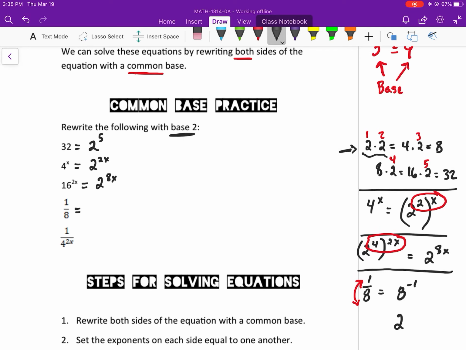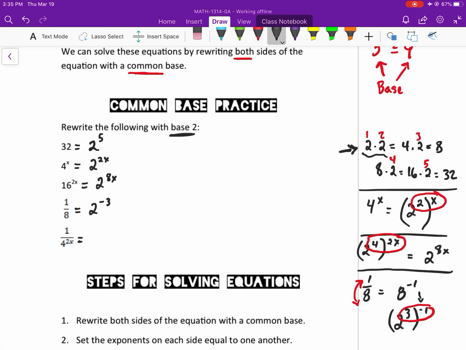So 2 to the what power is 8? Again, go back up here. How many 2's did it take me to get to 8? I believe that was 3. Don't forget, we still have that negative 1. So I need to do something with this 3 and this negative 1, which would be to multiply it. So my answer is 2 to the negative 3 power.